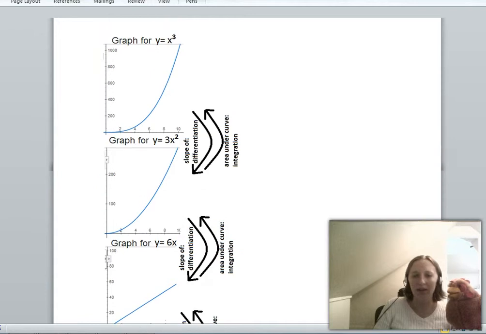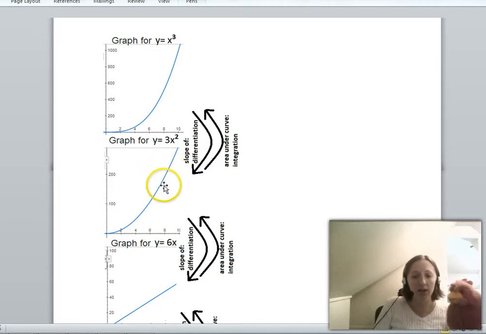And that order represents taking the slope of this cubed graph at each point and graphing it. And what you find is that the slope increases more and more rapidly as you go up on this x cubed graph. And so the graph of that slope shows this shape, a squared shape.